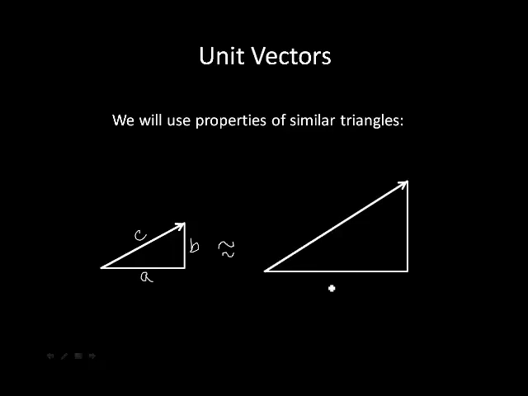So if this side over here is a multiple of A, say K times A, and all the other sides are also multiples of the corresponding sides of the smaller triangle, say K times B and K times C, notice that it's always the same multiple, then we say that these two triangles are similar.